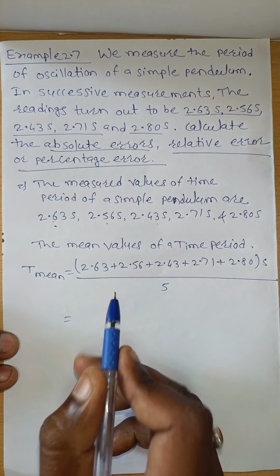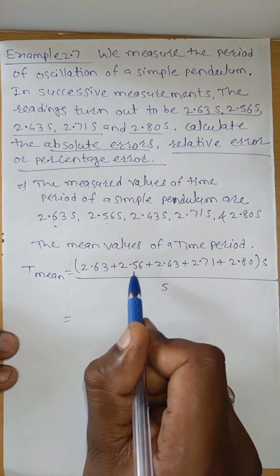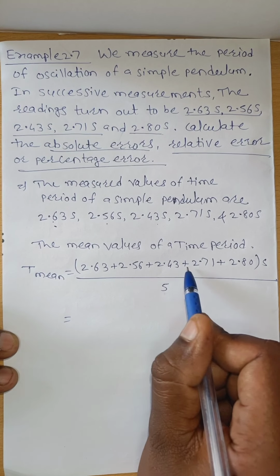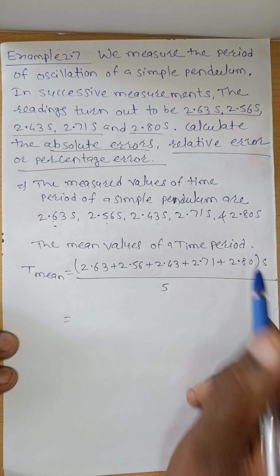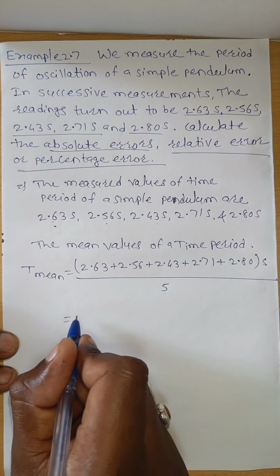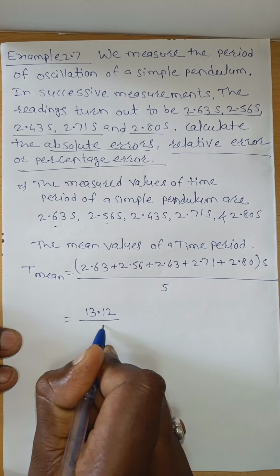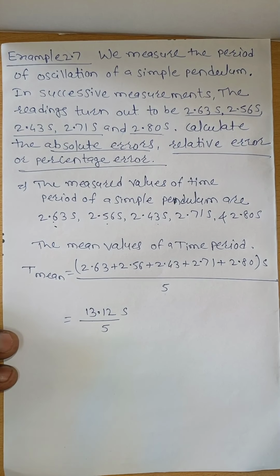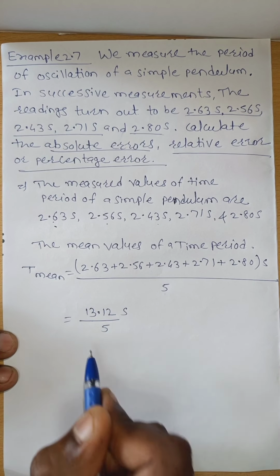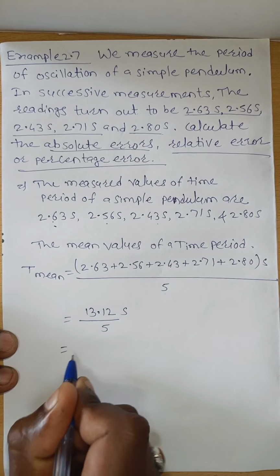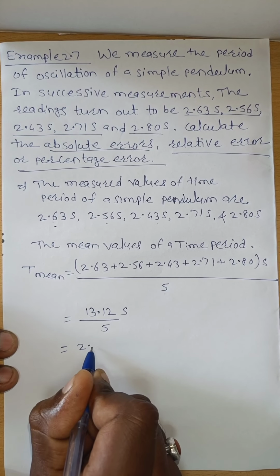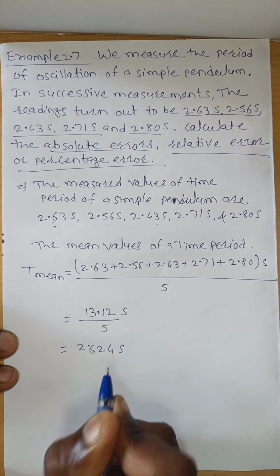Now add the numerators: 2.63 plus 2.56 plus 2.43 plus 2.71 plus 2.80. That value we get is 13.12 divided by 5, in terms of seconds. That is 13.12 divided by 5, and we get 2.624 seconds.